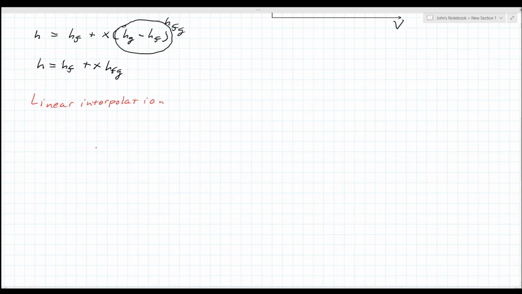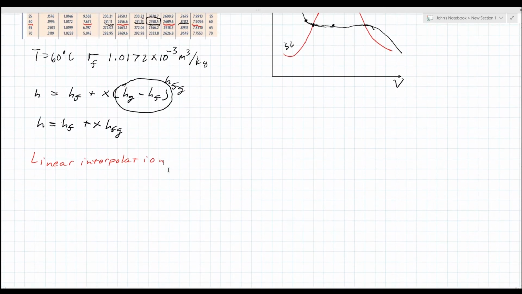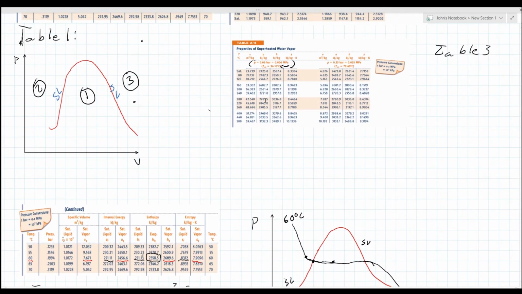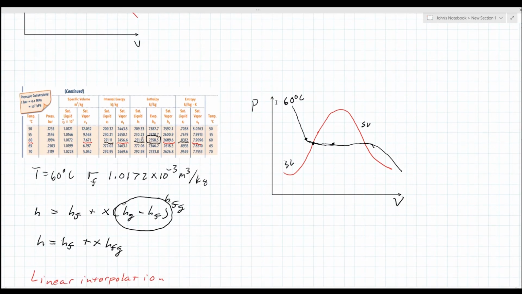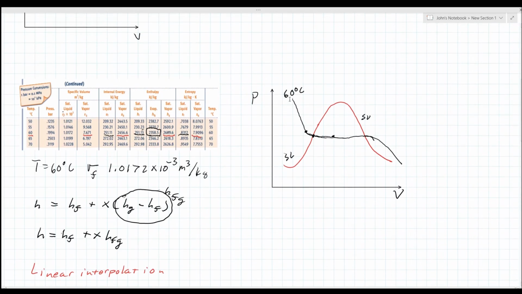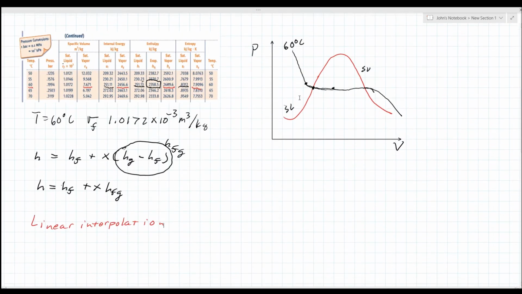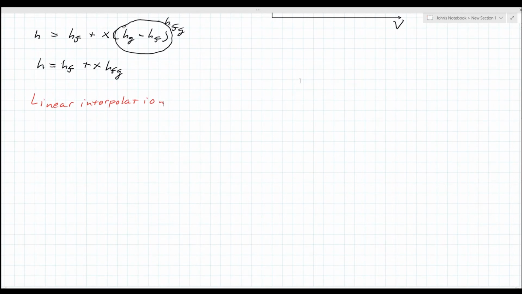So here I want to determine my specific volume when my pressure is 0.06 bar and my temperature is, let's say, 90 degrees. You can pause the video to grab those values, but I have the table up here on another screen, so I shall show you.